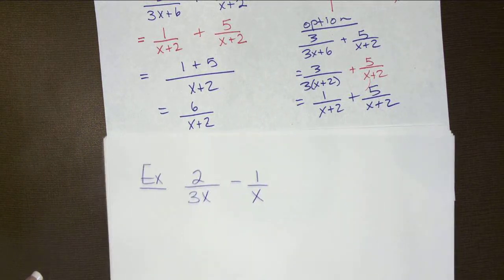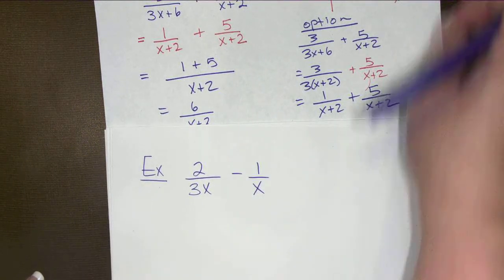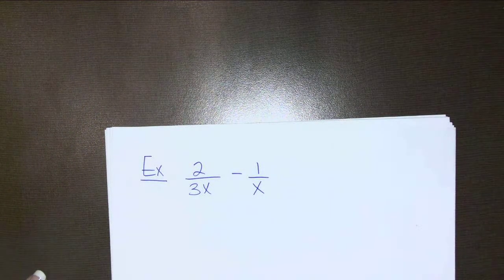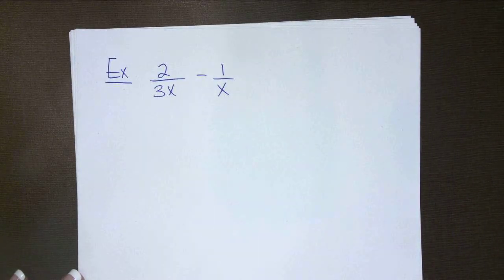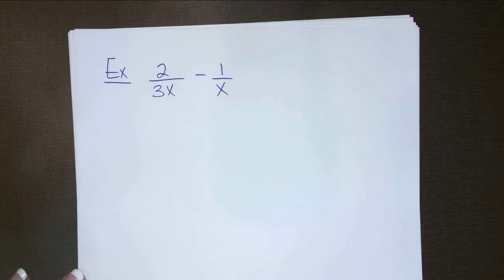Okay, so this can't be simplified before I start. But now, before I wasn't really putting any variables in the denominator that I had to find a common denominator for. So I'm adding that in. So now we've got, what would be the common denominator here? 3x.